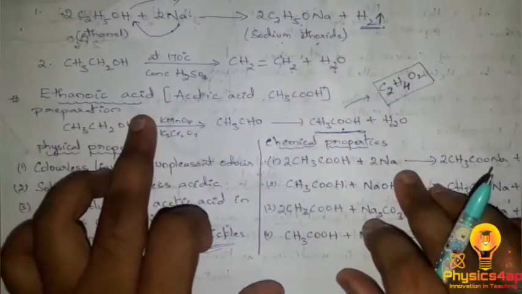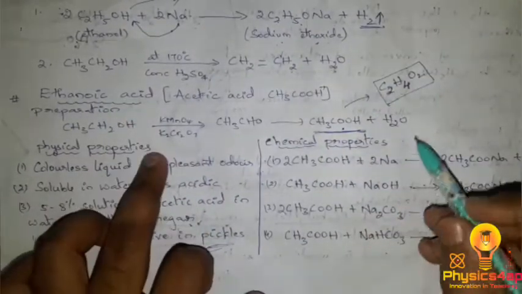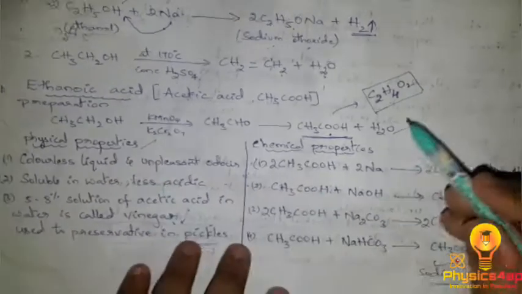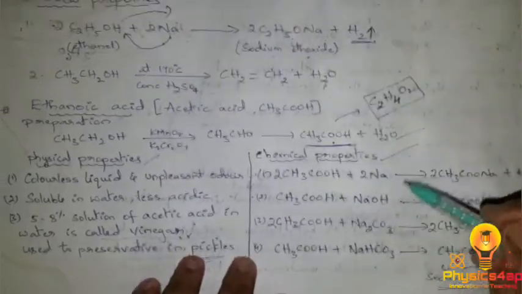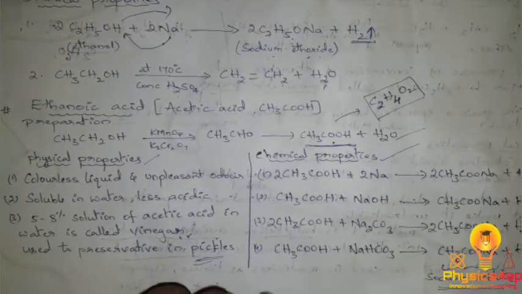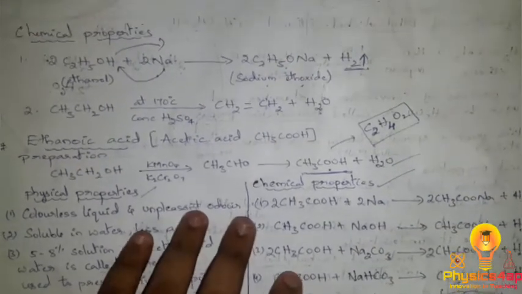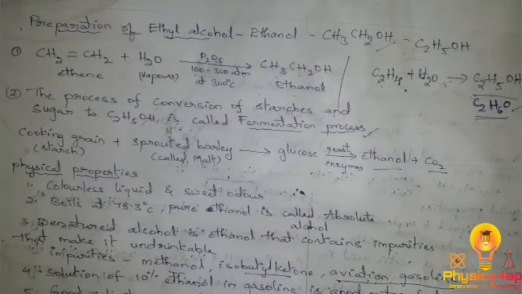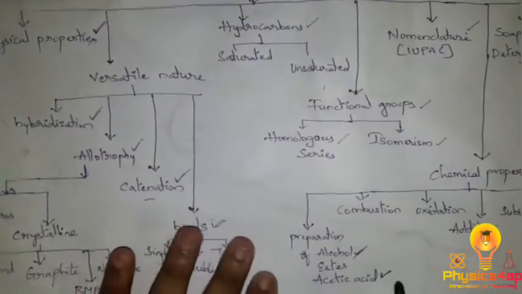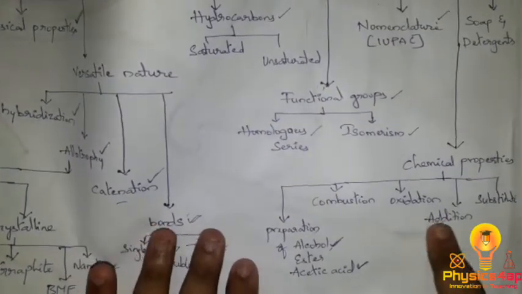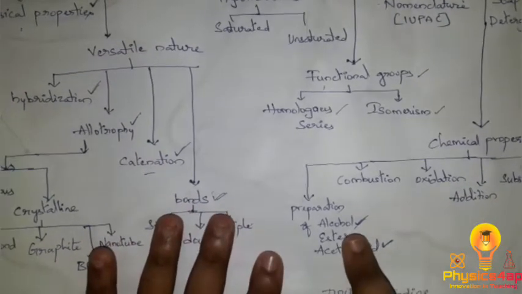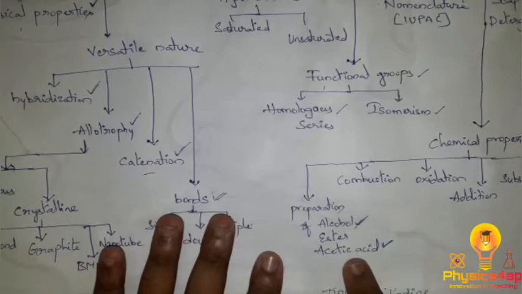Next, coming to ethanoic acid, we have covered the preparation of acetic acid, the physical properties of acetic acid, and also the chemical properties of acetic acid. So right now we have discussed the combustion reaction, the oxidation reaction, addition and substitution reactions, and we have seen the preparation of alcohol and acetic acid.